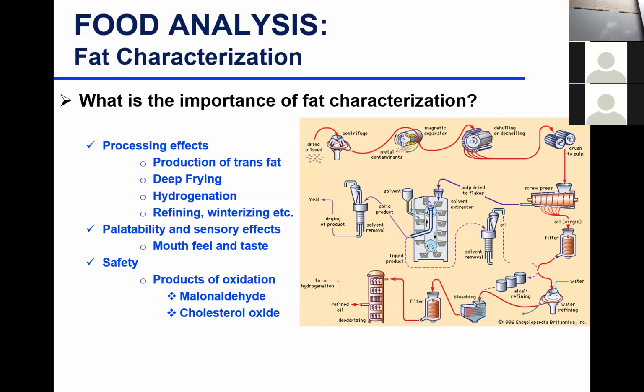So another thing is hydrogenation. When we are producing solid fat from plant or vegetable source oil, you hydrogenate. That means you saturate double bonds. If you want to hydrogenate, you want to make sure that you complete the hydrogenation. Incomplete hydrogenation can result in trans fat.